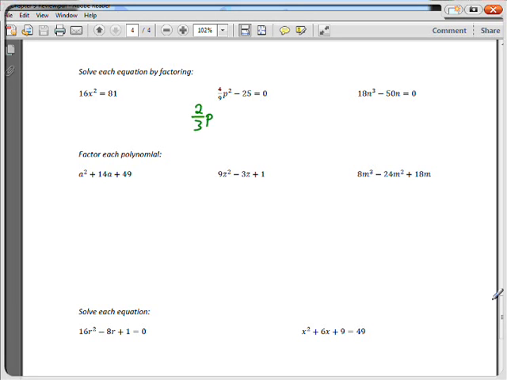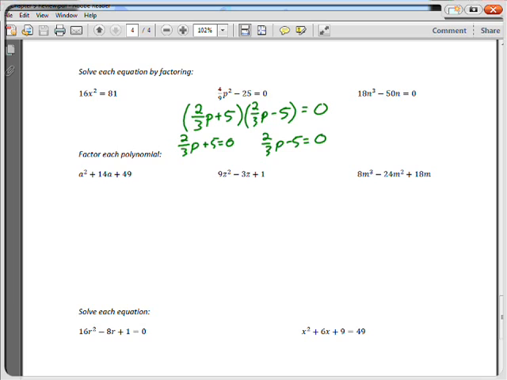So I'm going to have 2/3 p plus the square root of 25, which is 5. And then I'm going to have 2/3 p minus 5 equals 0. So I'll have the equation 2/3 p plus 5 equals 0, or 2/3 p minus 5 equals 0.